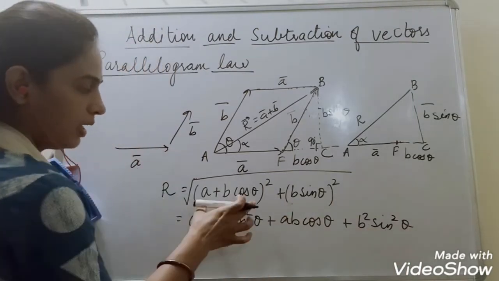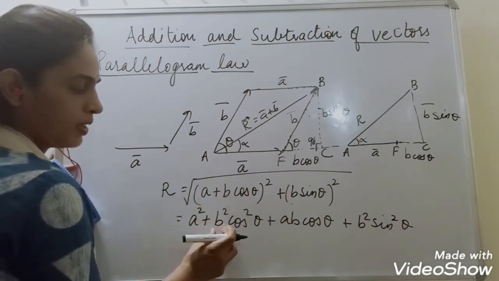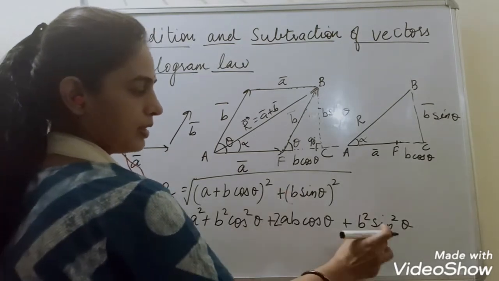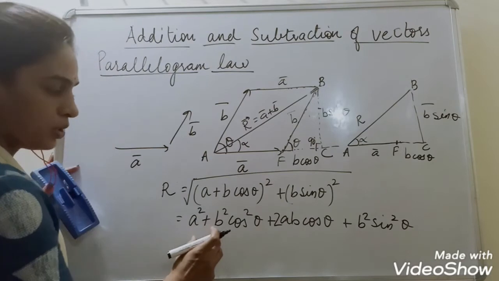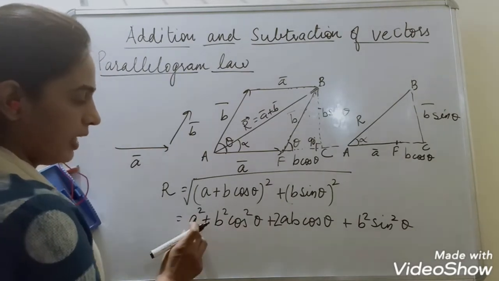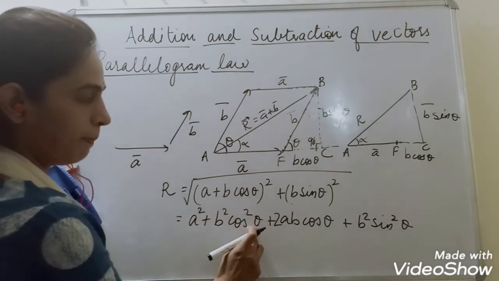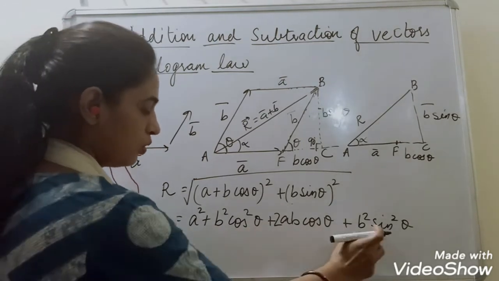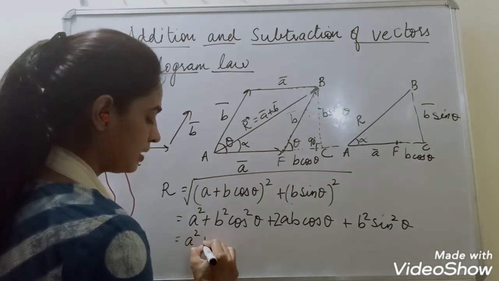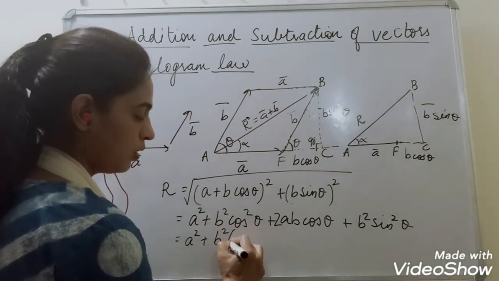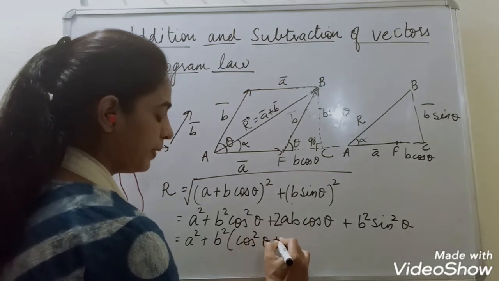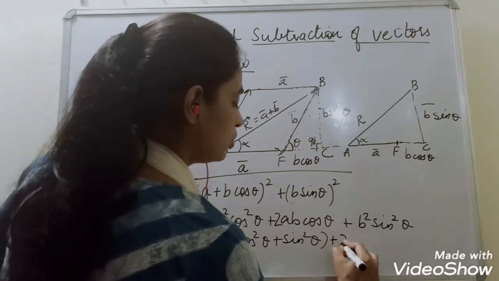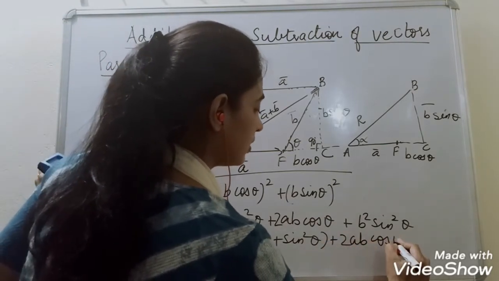This bracket, okay? A plus b whole square, a square plus b square plus 2ab, and this is b square. So we get here a square plus b square cos square theta plus b square sin square theta. So from here we write b square common, cos square theta plus sin square theta, and remaining 2ab cos theta.